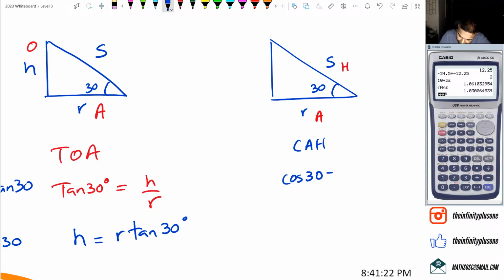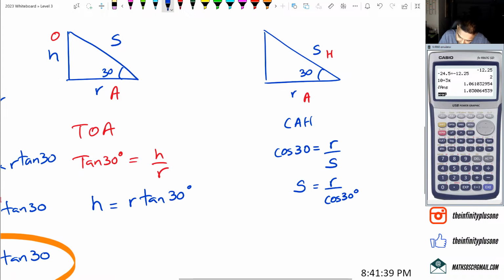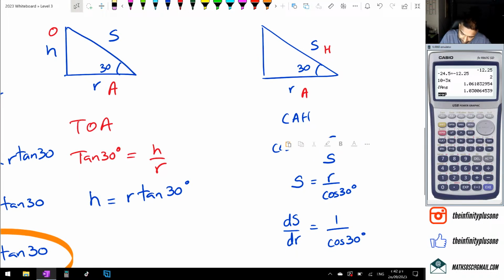So cos 30 equals r divided by s, and then s is equal to r divided by cos 30. And finally, we just need ds/dr. So we're going to differentiate. Now remember, cos 30 is a number, so when I differentiate r, I'm just going to get 1. So this will become 1 over cos 30.